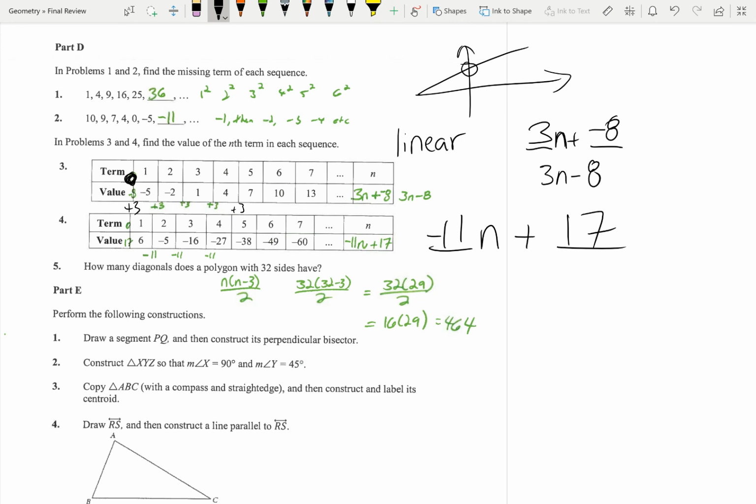And then we get to how many diagonals does the 32-side polygon have? Well, if we kind of simplify this model, let's look at a 5-side polygon. And let's ask how many diagonals does it have? Well, 1, 2, 3, 4, 5, 6. So 6 diagonals in that case. How do we get that?